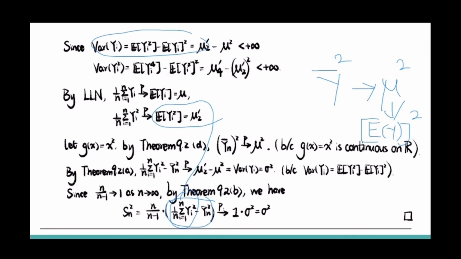So that was why we said this is going to be sigma squared. And at the end of the day, multiplying sigma squared by 1, you get sigma squared.